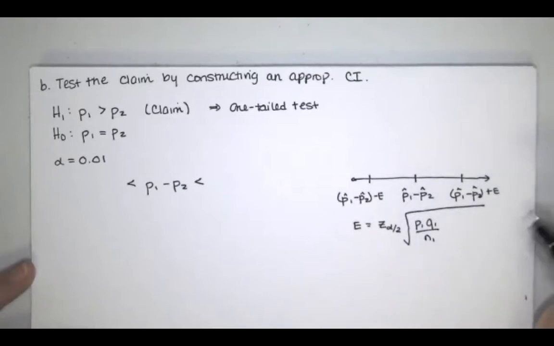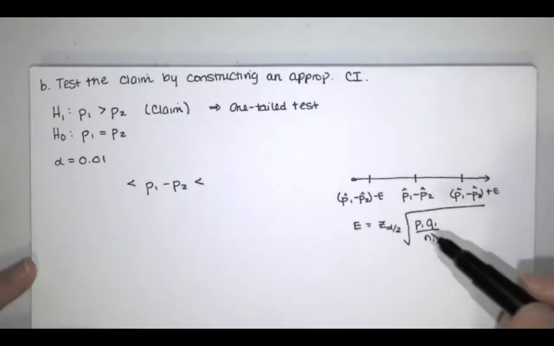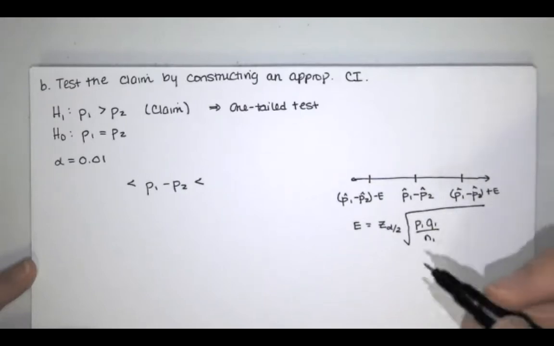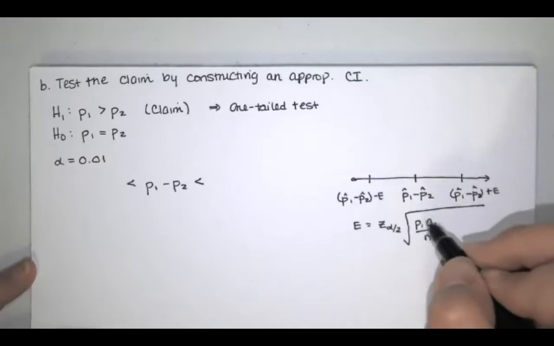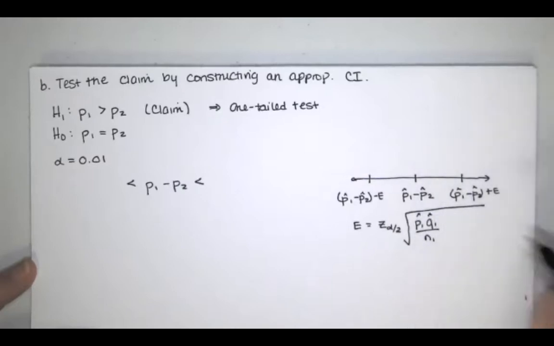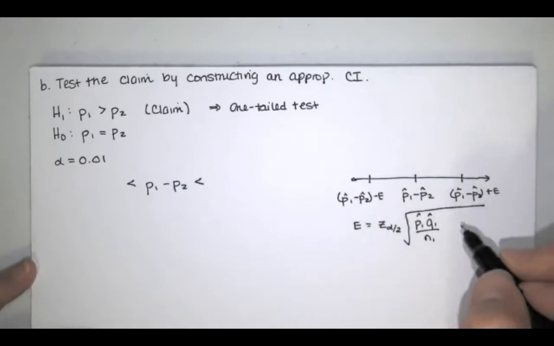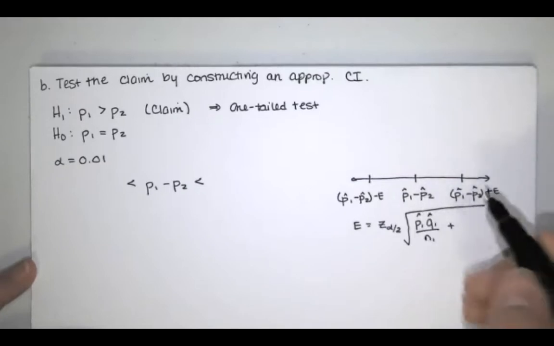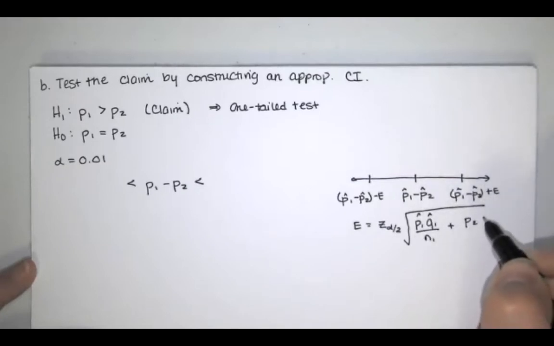The standard deviation of P1 hat is just the square root of P1 Q1 over N1. Since we don't know P1 and Q1, we're going to use our estimates P1 hat and Q1 hat when we compute our margin of error. And the standard deviation for P2 hat looks just like it, but instead of having 1s as subscripts, it has 2s as subscripts.